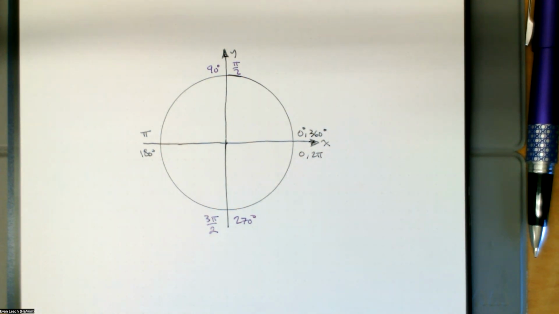So we've counted through the circle by pi over 2 or 90 degrees. We've counted around the circle at pi over 4 or 45 degrees. Now I want to count around the circle by pi over 3, because now we're cutting things in thirds.